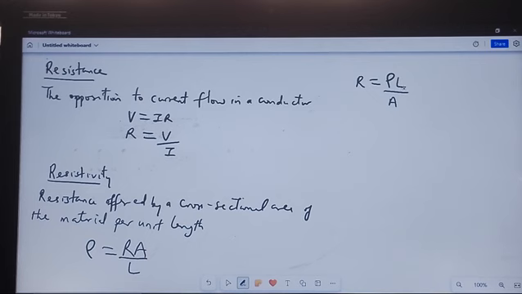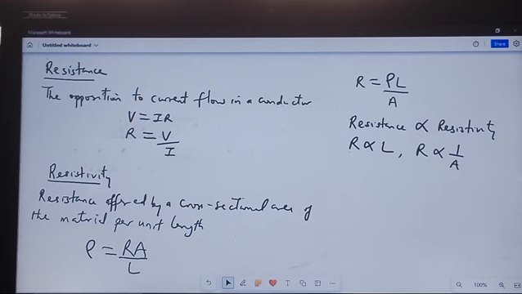So from that equation, we can see that resistance is directly proportional to the resistivity. Resistance is also directly proportional to the length. Resistance is inversely proportional to the area.